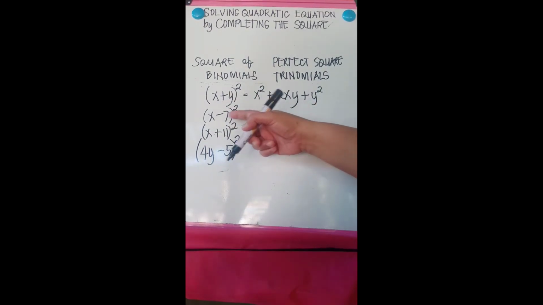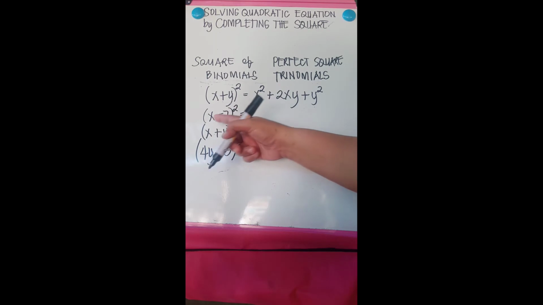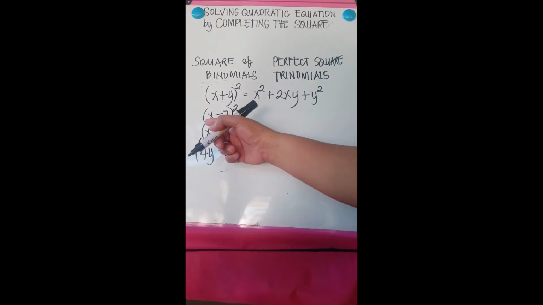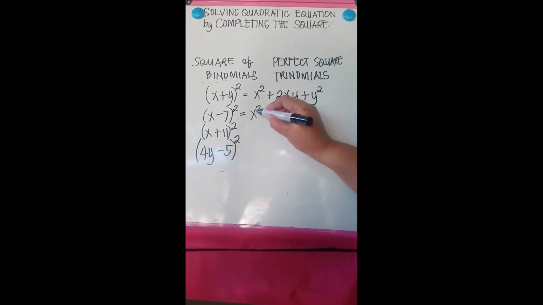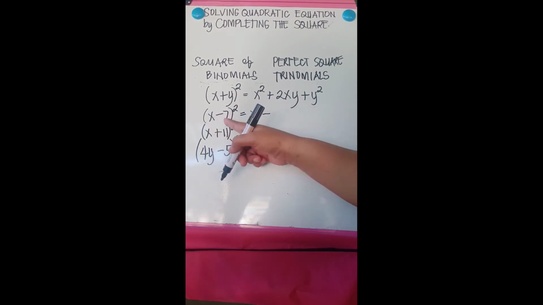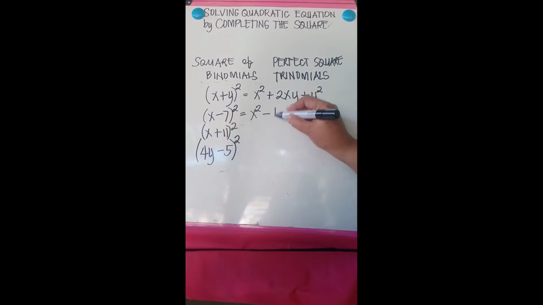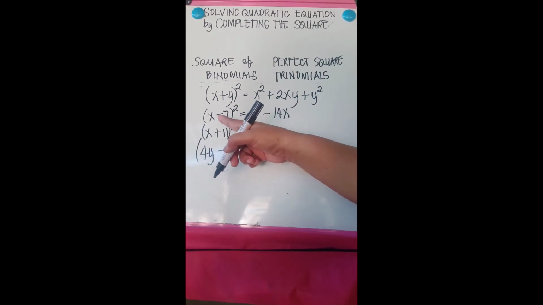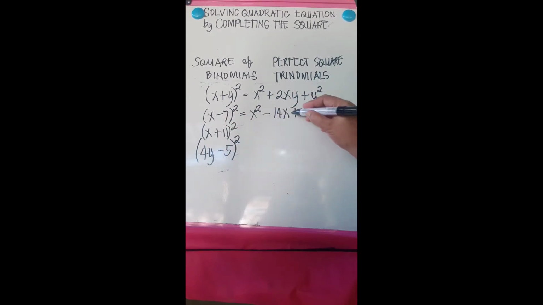Okay, so let's have sample number 2. Square of x minus 7. So square of the first term, x squared, sign minus x times 7 is 7x, multiply it by 2. So that's 14x. And then negative 7 times negative 7 is positive 49.